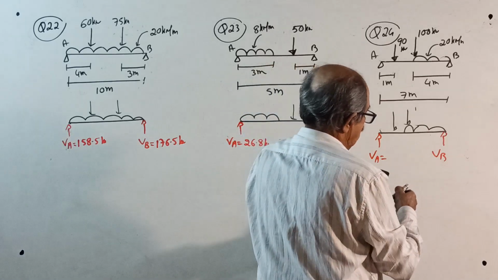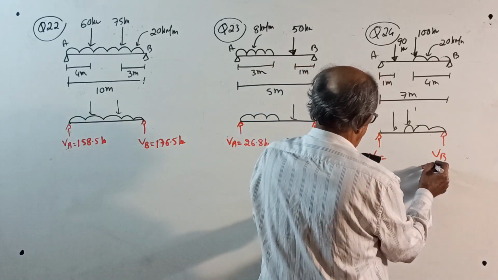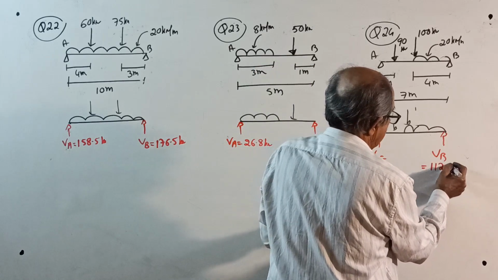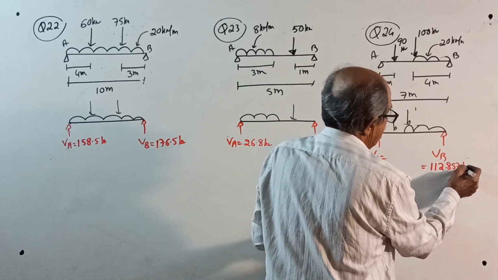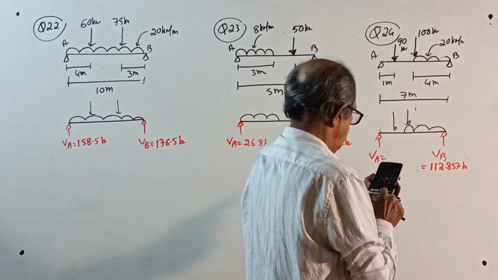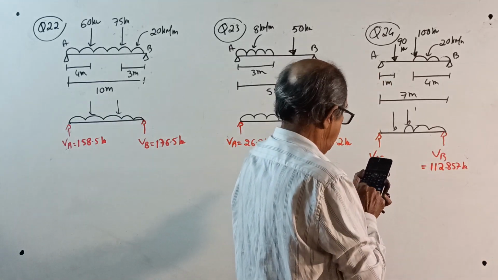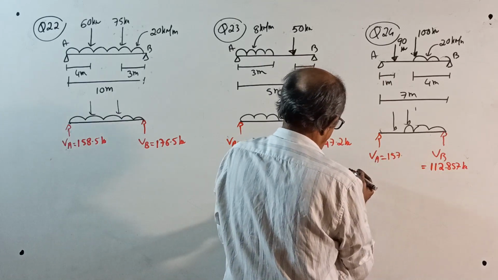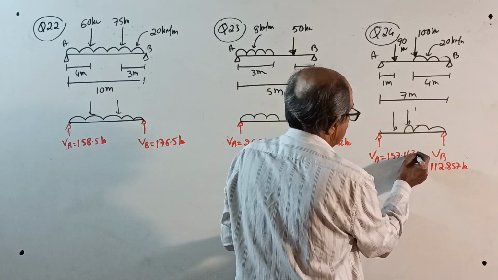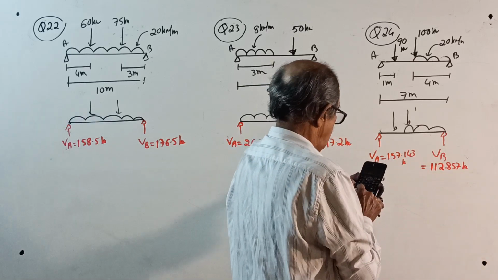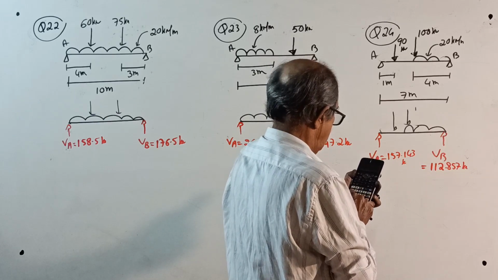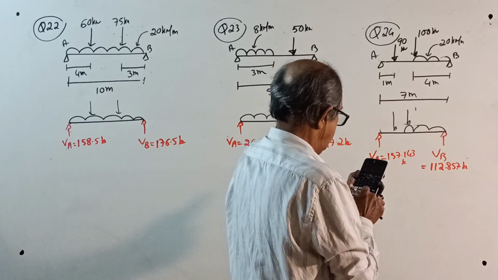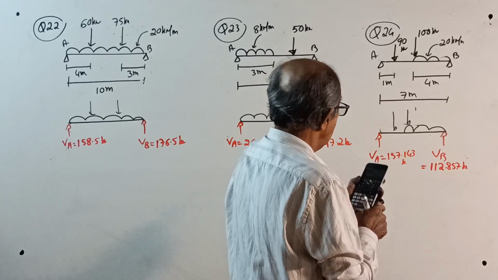Now fraction will come. Nothing can be done. VB equal to 112.857 kilonewton. I am writing third decimal accuracy. Minus 80 minus 190. 157.143 kilonewton. Check the answer. 80 into 2 plus 100 into 4 plus 90 into 6 divided by 7. Correct.